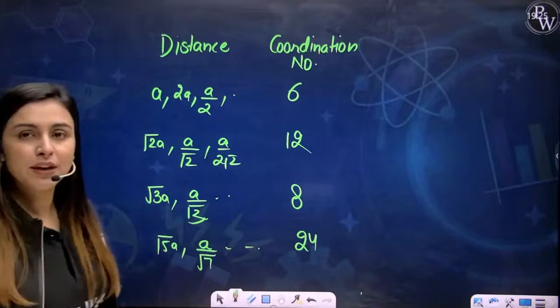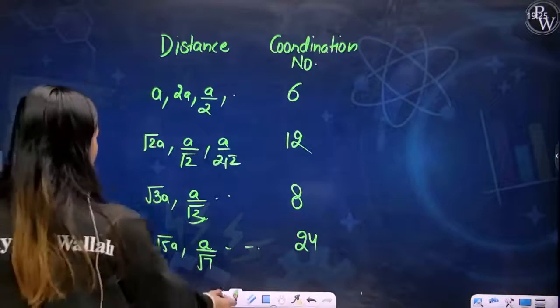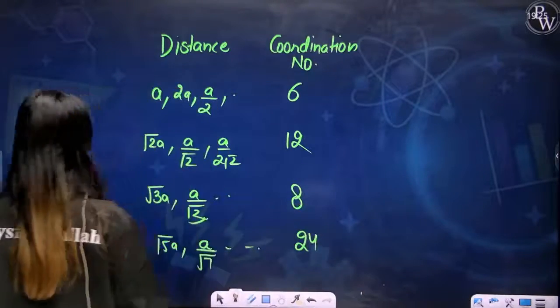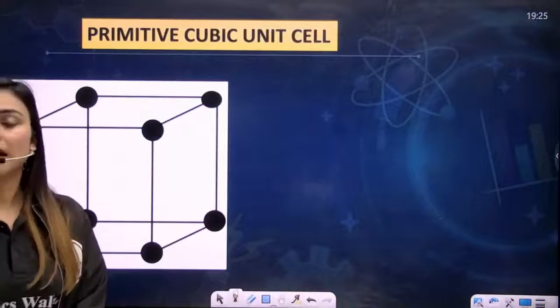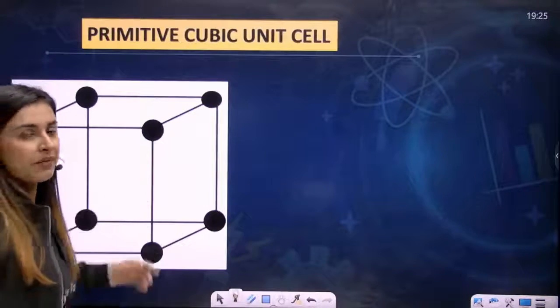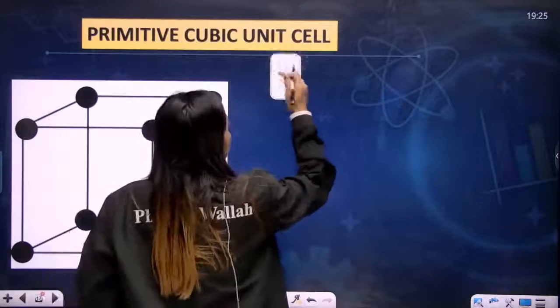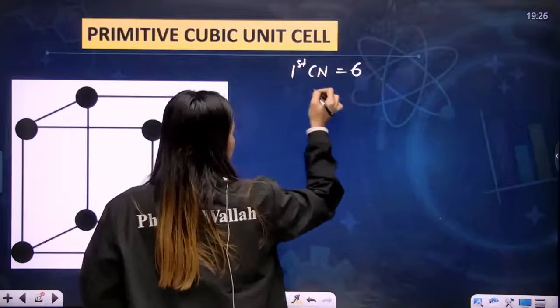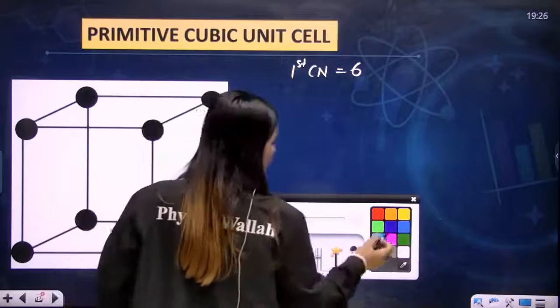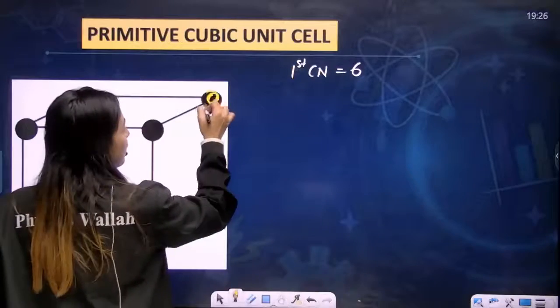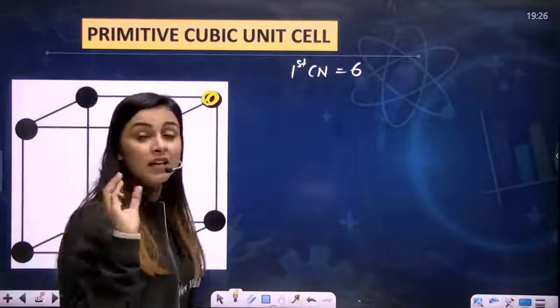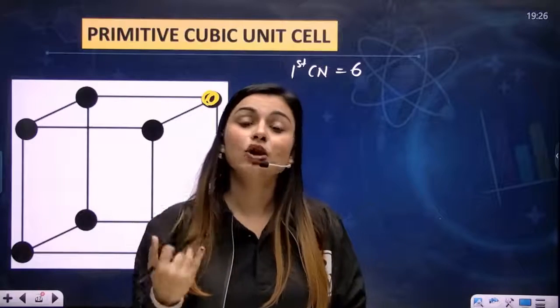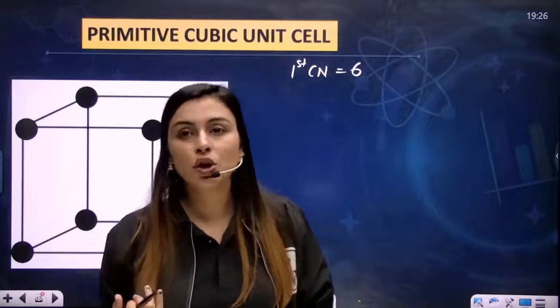I hope you've written it. Now let's move forward. Let's try to apply that trick in primitive unit cell. We calculated that the first coordination number came out to be 6, right? Yes. Now let's see whether it is 6 or not. This is your reference atom, and you know that in a primitive unit cell, atoms are in contact with each other along the edges.